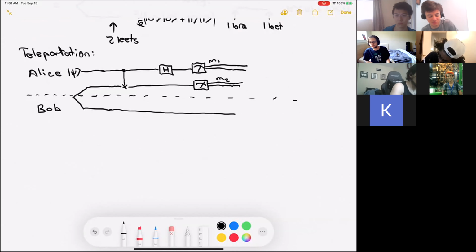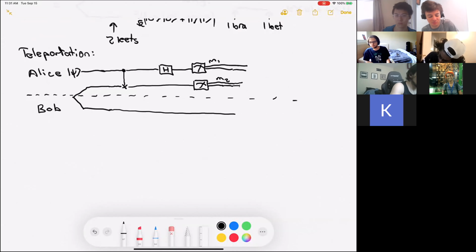So these classical bits get sent over from Alice to Bob. And then using those classical outcomes, we're going to apply a unitary to Bob's qubit. Specifically, we're going to apply a bit flip X to the power M2, i.e. we're going to apply it if M2 is equal to 1 and not otherwise.